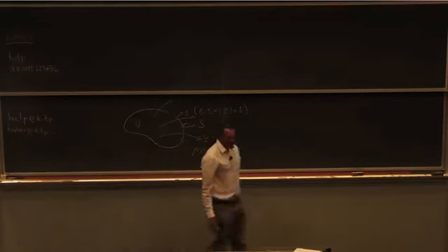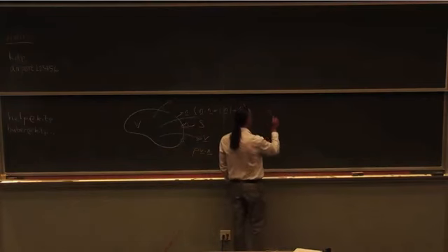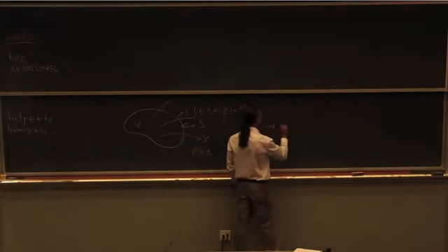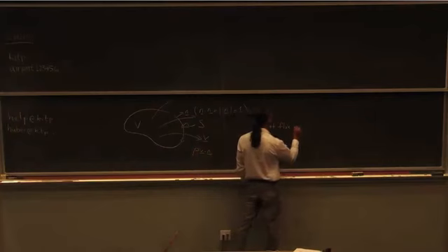Okay, so let's write down then the net flux of mass out of that volume V. And when I use the expression flux, that means mass per unit time per unit area. Net flux.